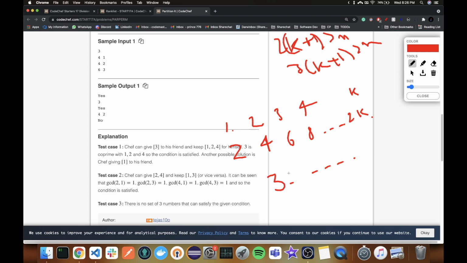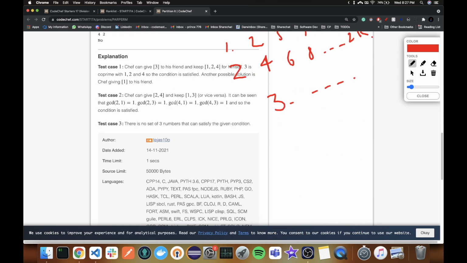So the numbers that I'll be choosing would not be greater than k. What this means is there's only a few ways to choose. So 1 can go anywhere.